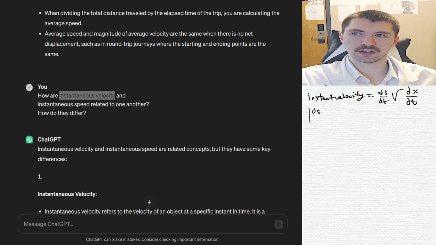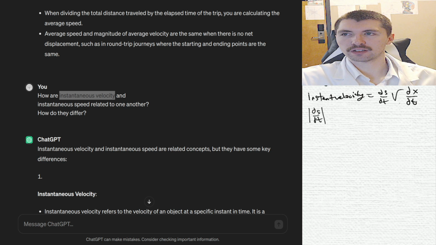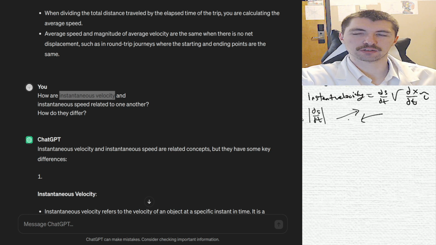Speed, I think, is the absolute value of that, because this has a direction, so it's got like an i hat. So you could be going this fast, or you could be going this fast in the other direction, but the speeds can be the same. Instantaneous velocity is different.